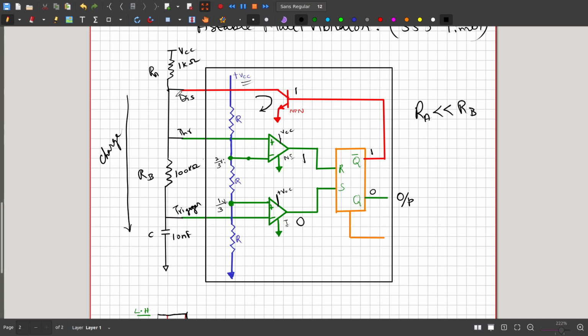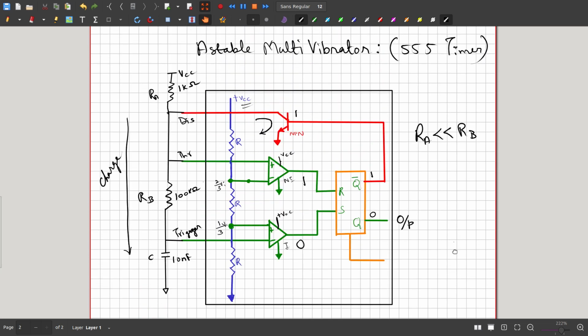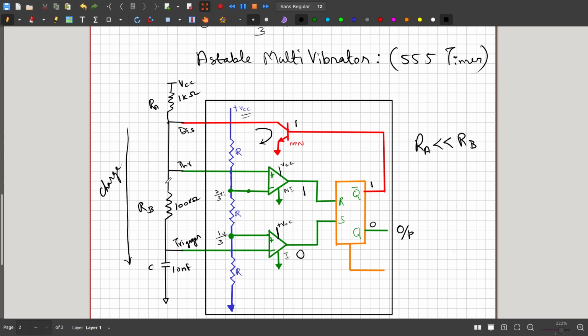The current starts to flow in this direction, and as a result the capacitor starts to discharge through ground. When the voltage at this point becomes less than 2/3, this becomes 0.